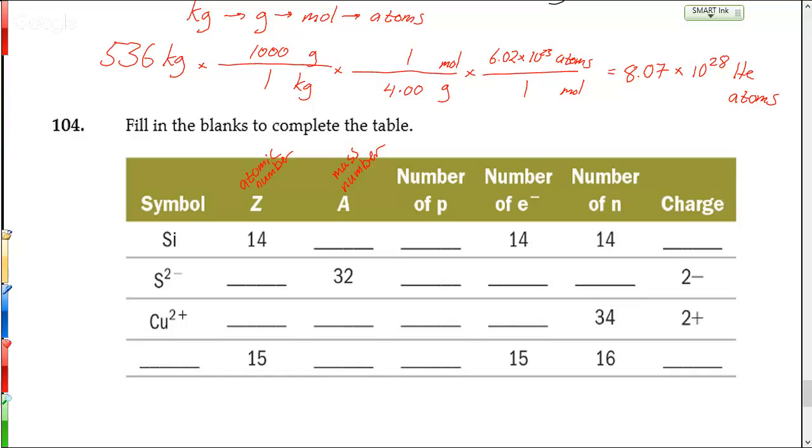All right, I'm going to start filling this in. Stop me if you have a question about some of them, or if I get some of these wrong. For sulfur, number of electrons.